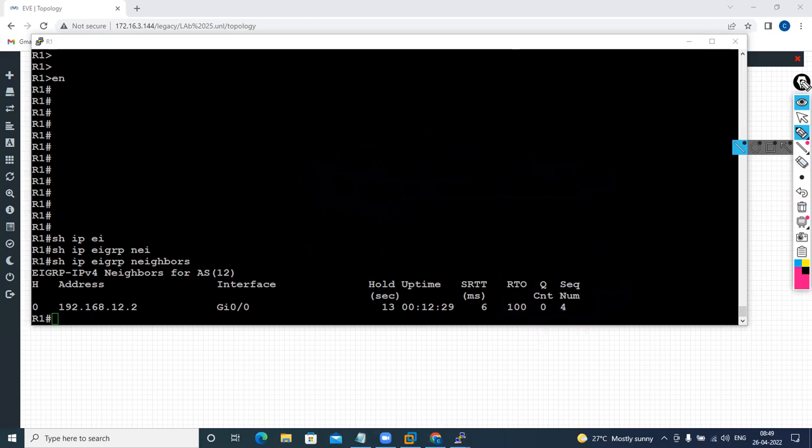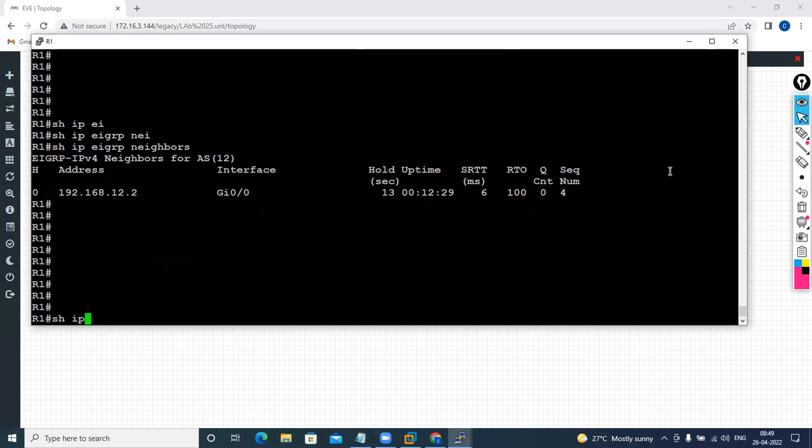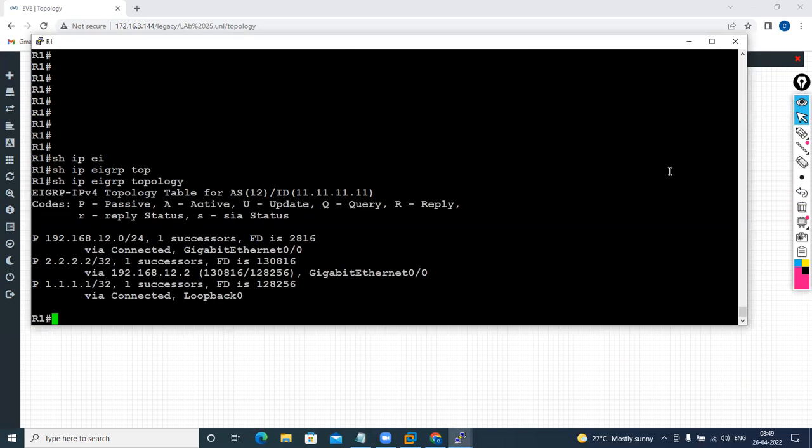So we have one more table called topology table. How to check the topology table? It is show ip eigrp topology. Enter. So this is your topology table. P stands for passive, and you need to see passive only.